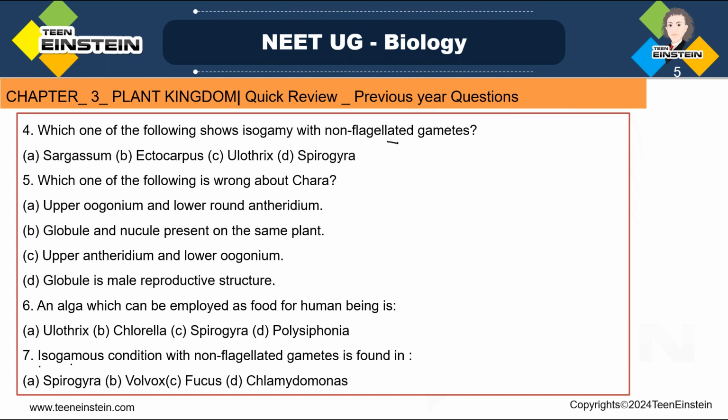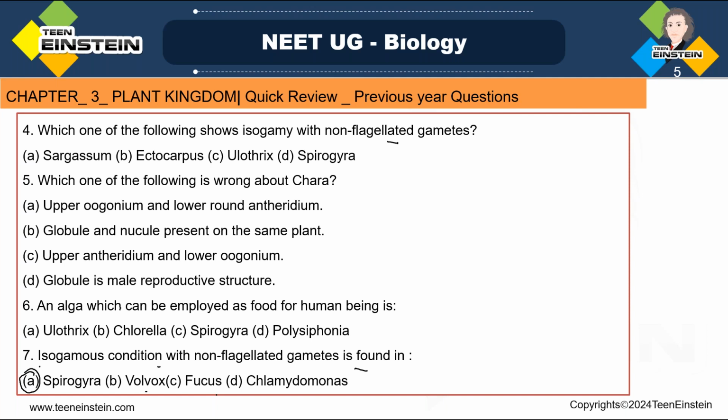Here, options are slightly different: Spirogyra, Volvox, Fucus, Chlamydomonas. Okay, so in Spirogyra, we said sexual reproduction occurs through conjugation, right? So the right answer is A, the same answer.